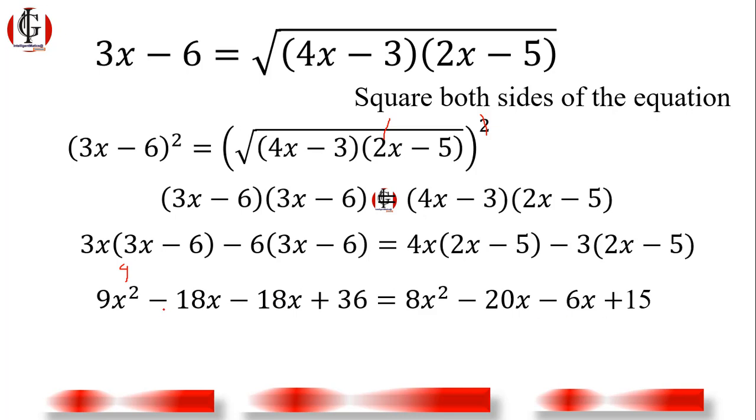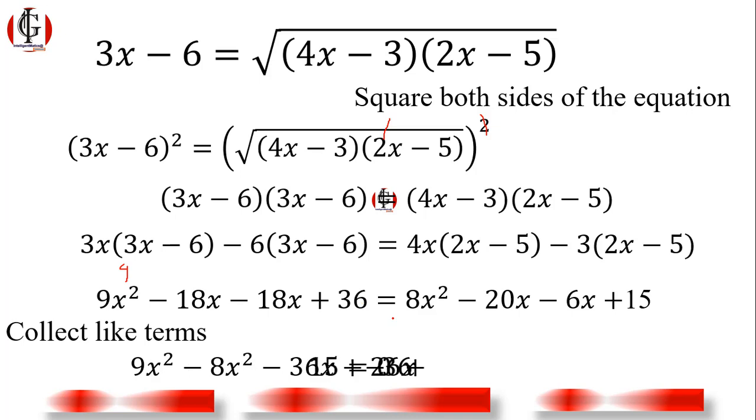So if we collect like terms, we have 9x squared minus 8x squared, minus 18x minus 18x that gives us minus 36x, then plus 20x plus 6x gives us plus 26x. So to the other side, that will give us plus 26x plus 36 minus 15 equals 0.